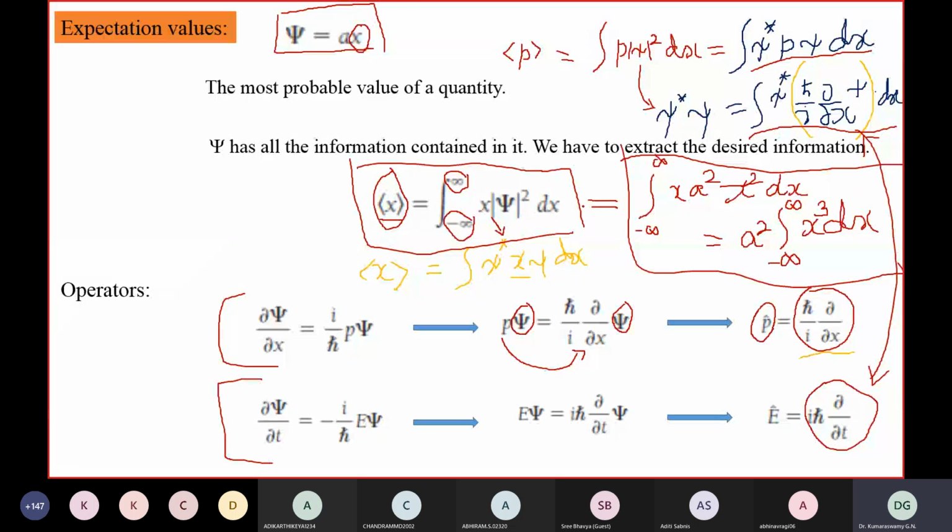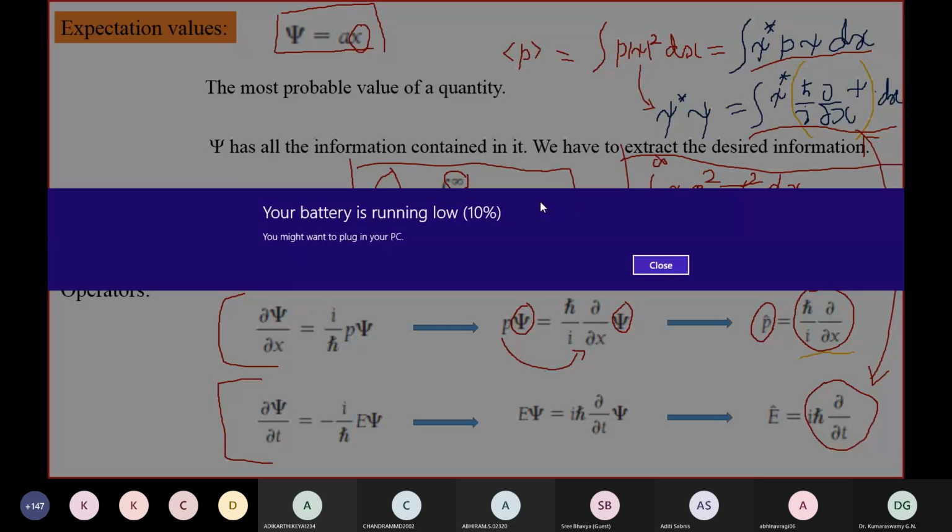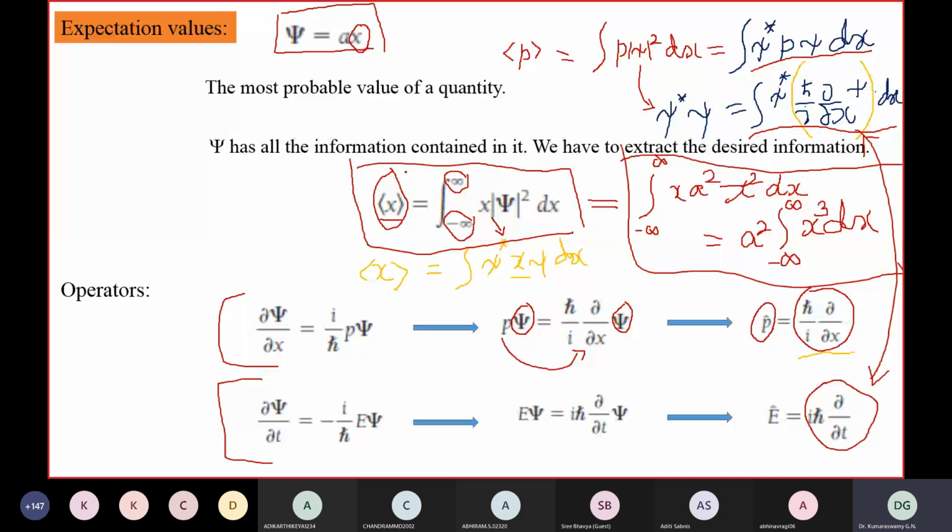That gives the position of that particular particle, in that given range, of course. We just multiply x with psi square and integrate it. That's it, very simple. But how to get the momentum values or the energy values, that was difficult.